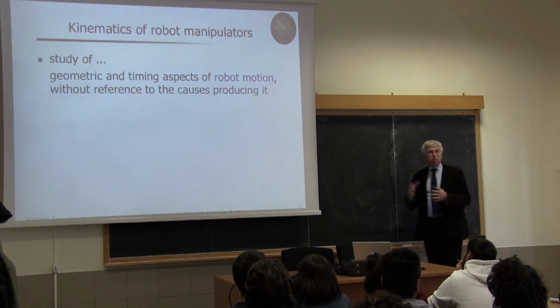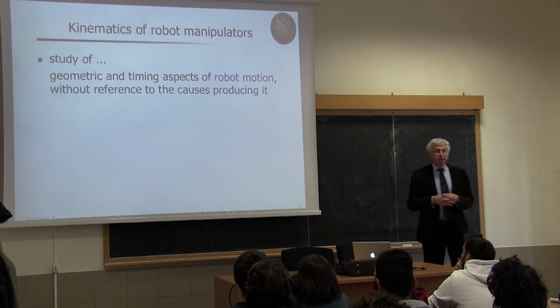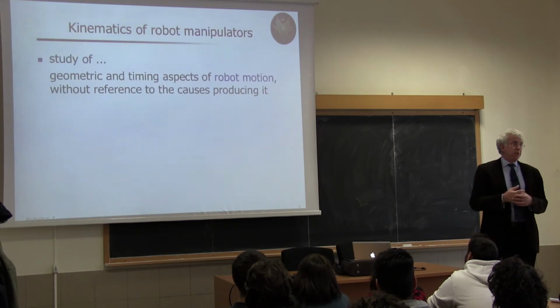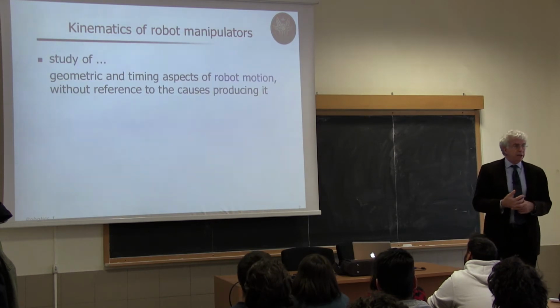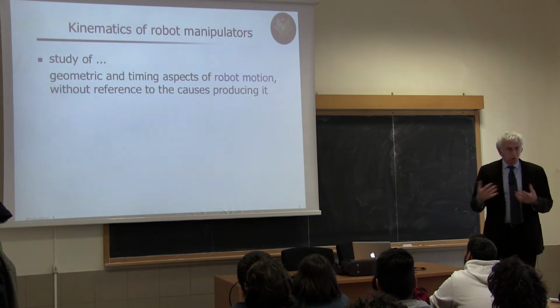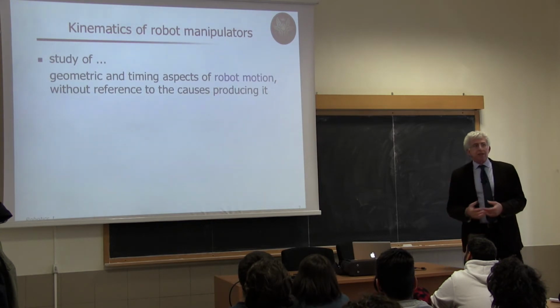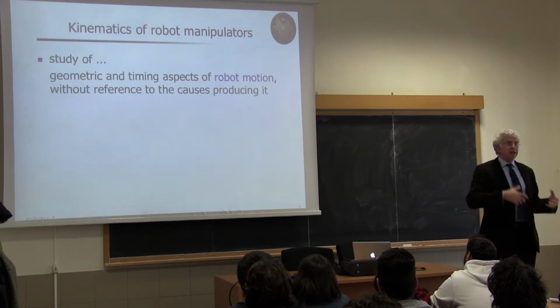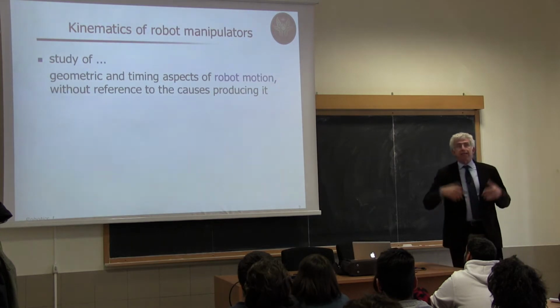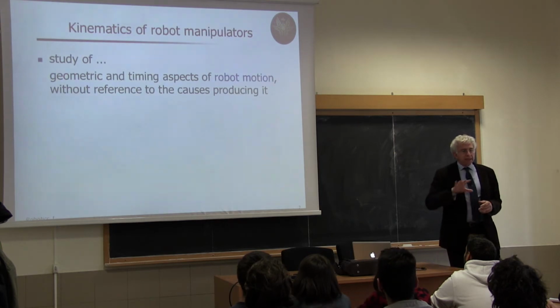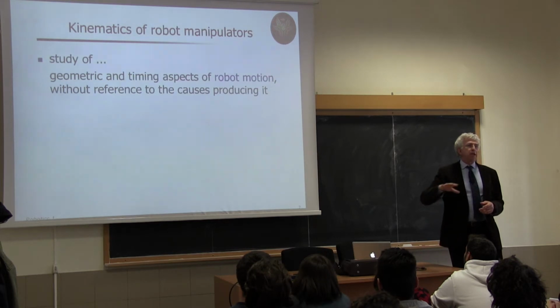And for most of the time, we will assume that we can command some velocity while we are not really commanding velocity with our actuators. We are commanding torques at the output of our actuators, and these torques will accelerate the motion depending on inertia, distribution of masses, gravity, other disturbances, and so on. But this is the subject of another more complex topic, which is dynamics of robot manipulators.